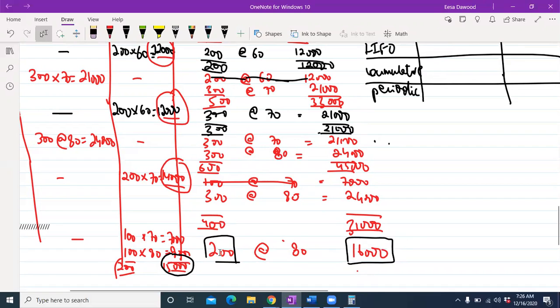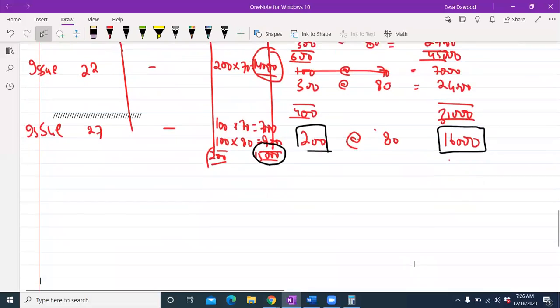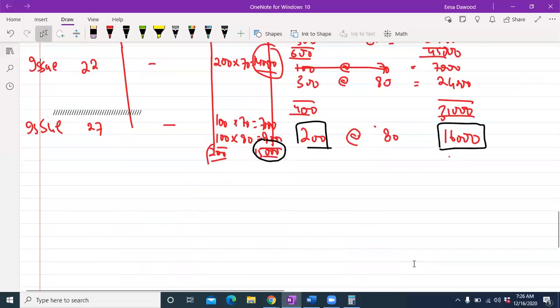It might be that we have 60 left in the inventory because we issued the pricey ones. So if 60 is left, the value of inventory would be lower. Yes or no?